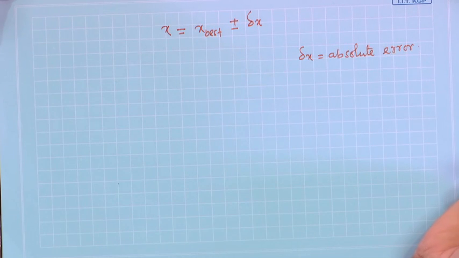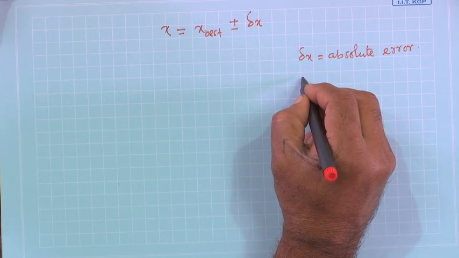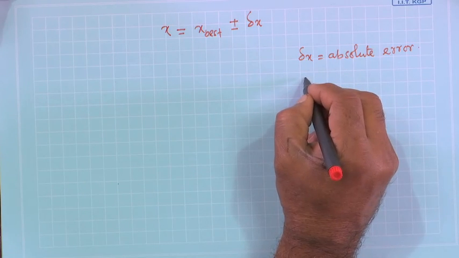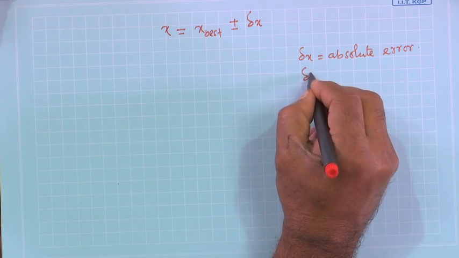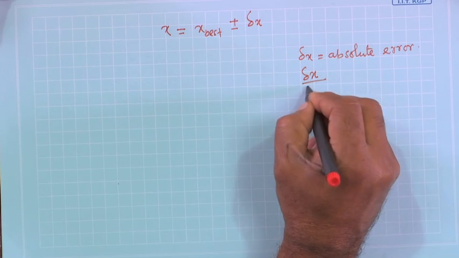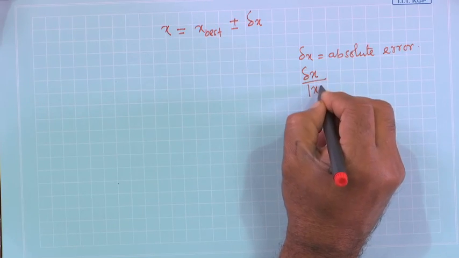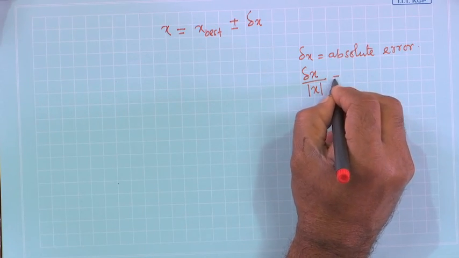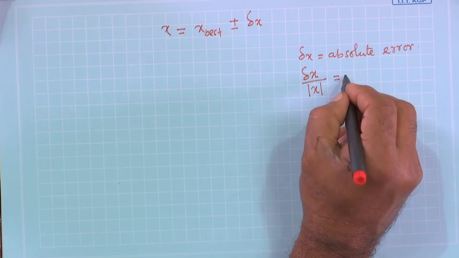Another error is delta x by x; if we represent it this way, then we call it the relative error.